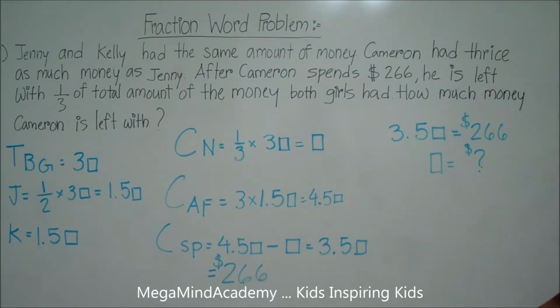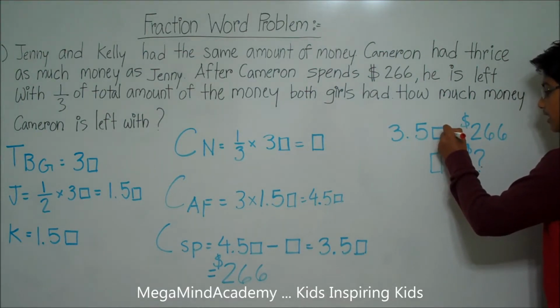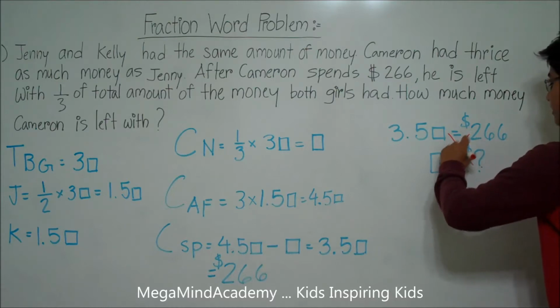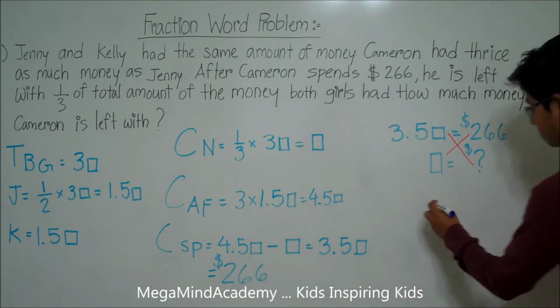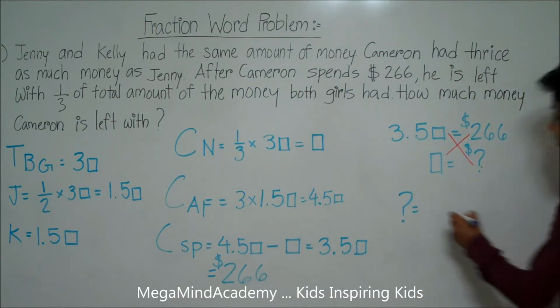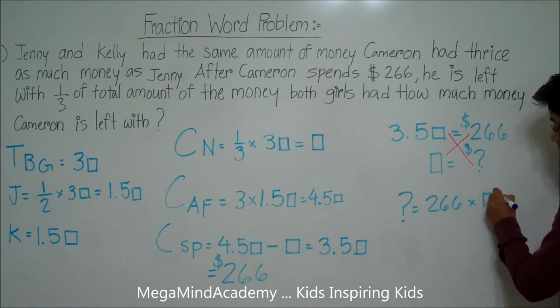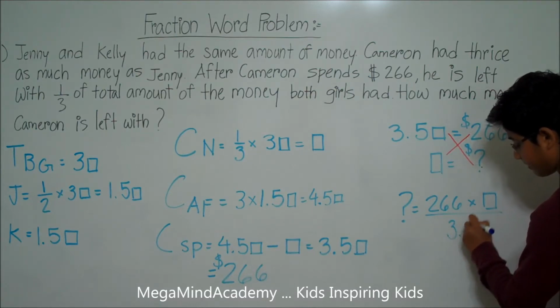So to solve this part of the problem, we need to use cross multiplication. This means we multiply 3.5 with question mark and 266 with 1 unit. So we get question mark is equal to 266 times 1 unit over 3.5 units.